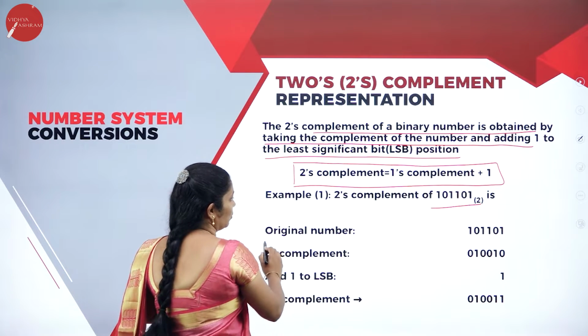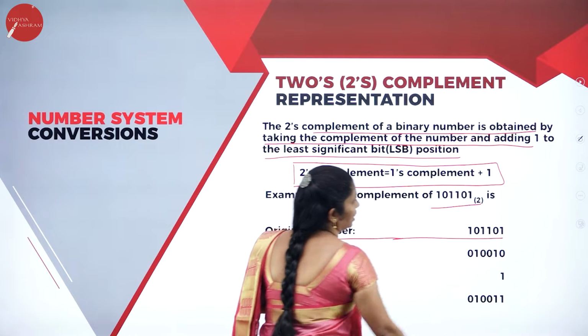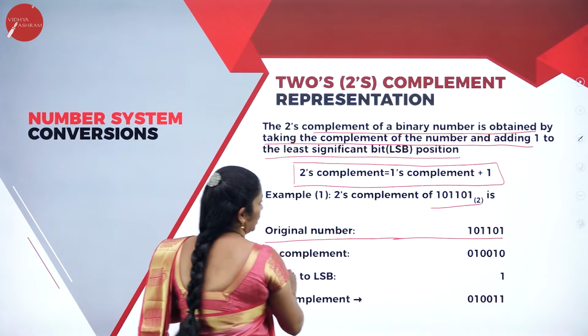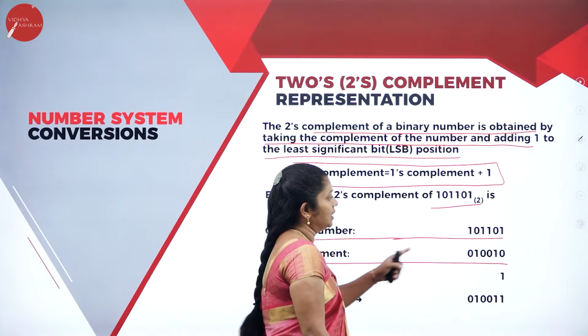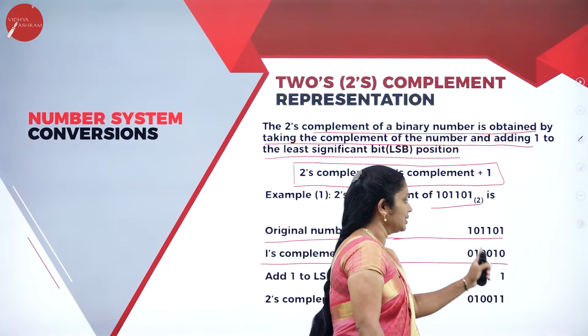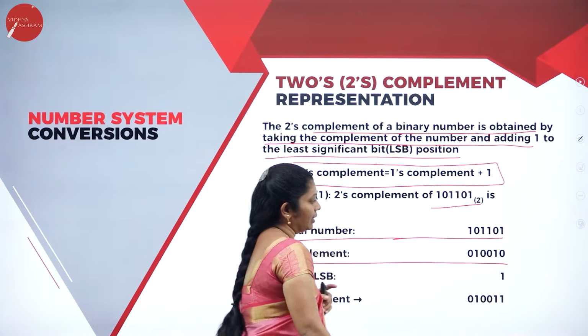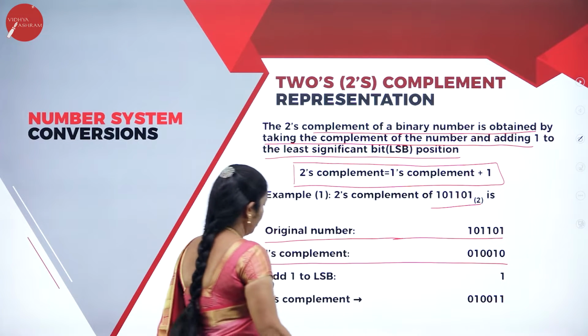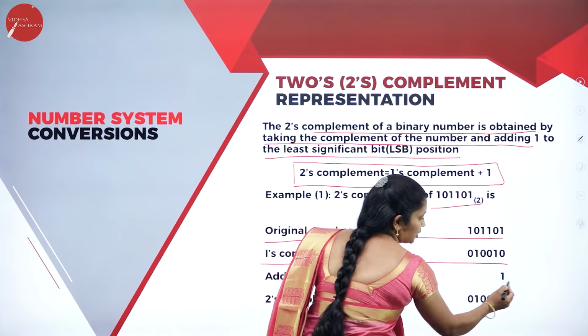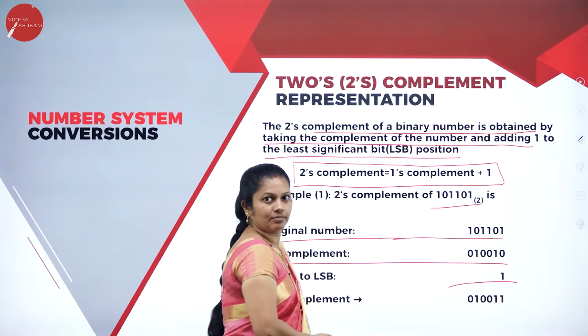The original value is 1, 0, 1, 1, 0, 1. Then for the ones complement of the given number, just replace all 1 by 0 and all 0 by 1. This represents the ones complement. Then add 1 to the least significant bit position, the last position.